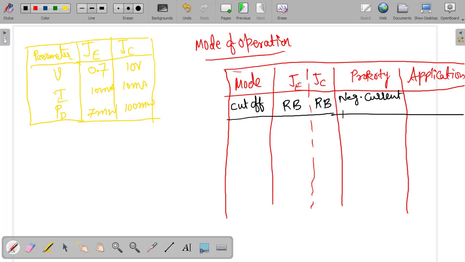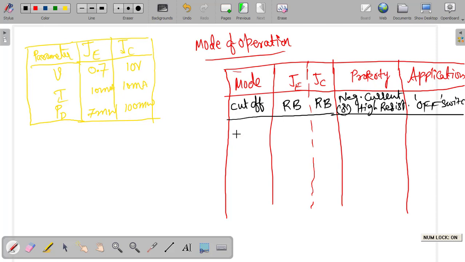That indicates there will be a high resistance, because it acts like an open circuit. This is the application of an off switch. Your transistor behaves like an off switch in your cutoff region.